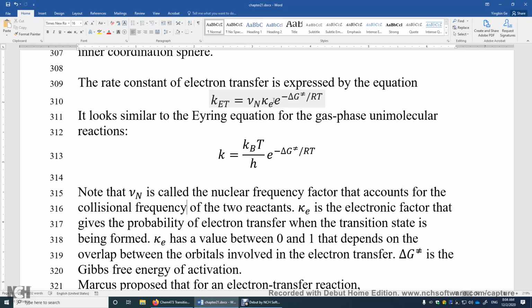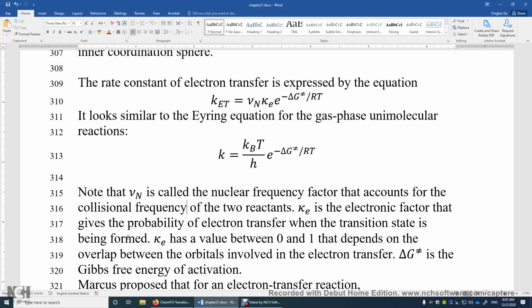This nu sub n is the nuclear frequency factor that accounts for the collisional frequency between these two reactants. Kappa sub E is the electronic factor that gives the probability of the electron transfer when the transition state is being formed. So over here we have the transition state already. We have the overlap between the orbitals from the two transition metals.